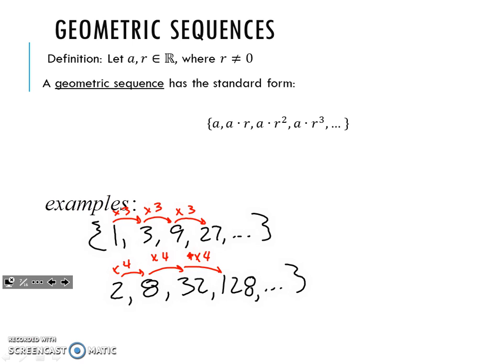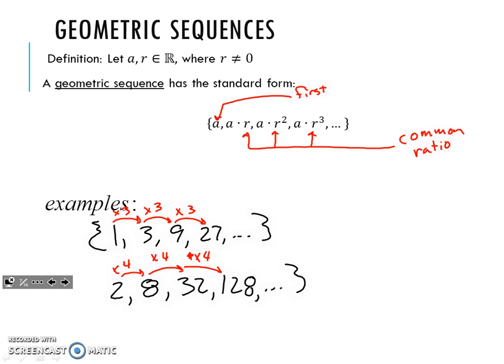So just like our arithmetic sequence, A is going to be our first term. But then this time, instead of adding a number, we are multiplying by that same number. So what we call that is our common ratio. Okay, common difference means that you're adding between them.